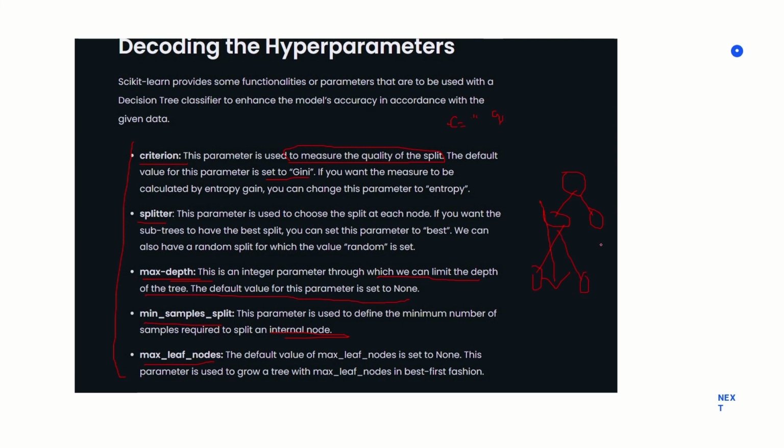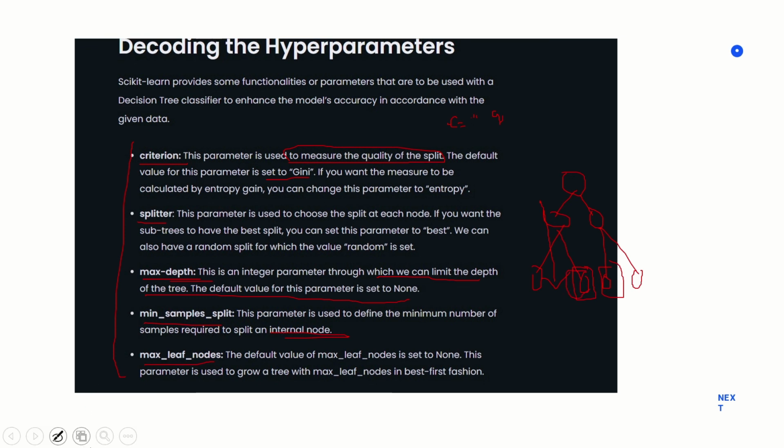So what are internal nodes? Let me draw it first. So this is an internal node, this is an internal node. So minimum sample split will define how much minimum number of samples you require in order to split these internal nodes.